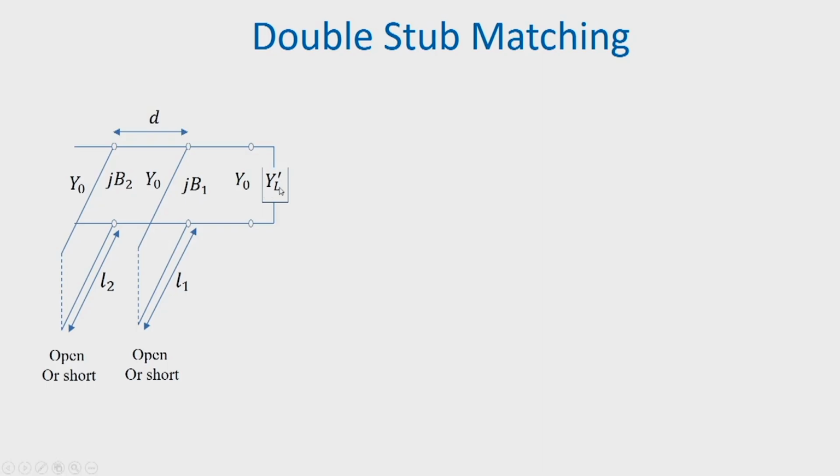So, here we consider the load represented by YL dash, and these are the two stubs which are located at a fixed distance from the load. They are separated by a distance d and the stubs have lengths L1 and L2. The stubs may be open or short.